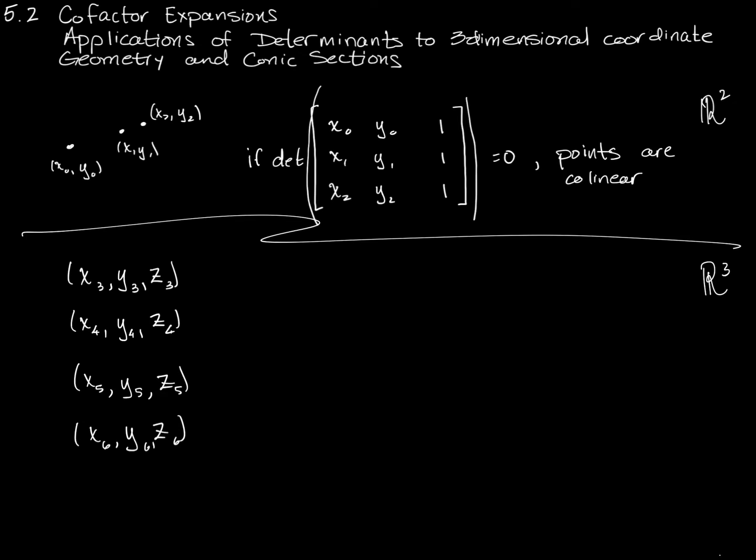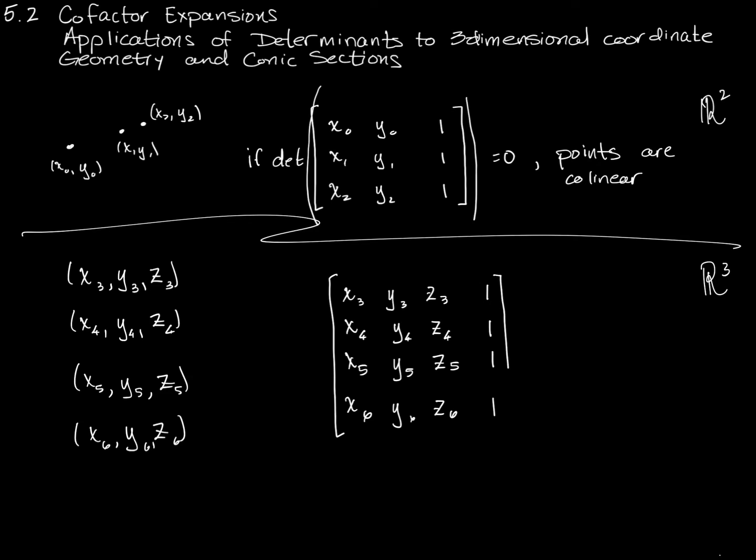And we're going to do that exactly the same way. We're going to set up a matrix. We're going to add a column of 1s. We're going to call that matrix, I don't know, F, I guess. And we're going to say that if the determinant of F equals 0, then the points are coplanar.